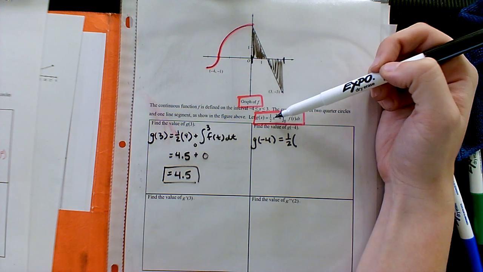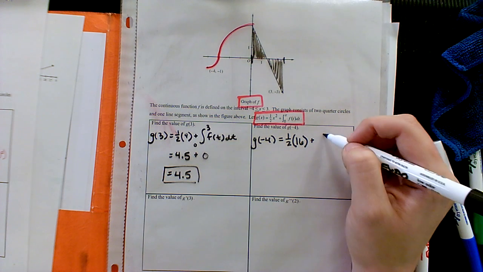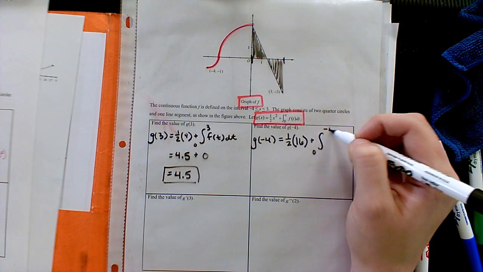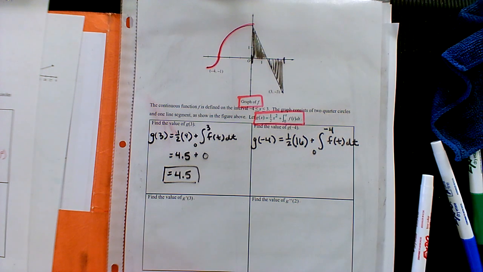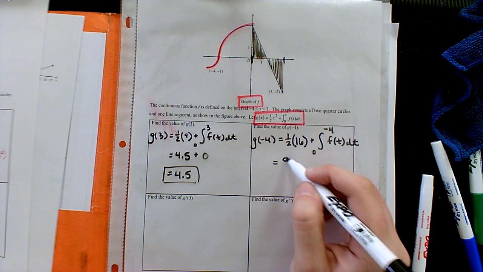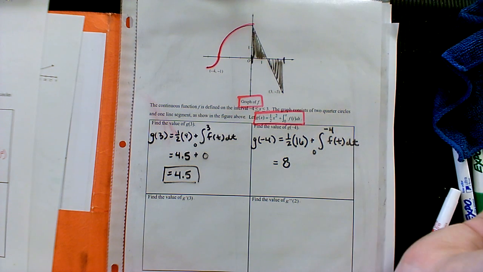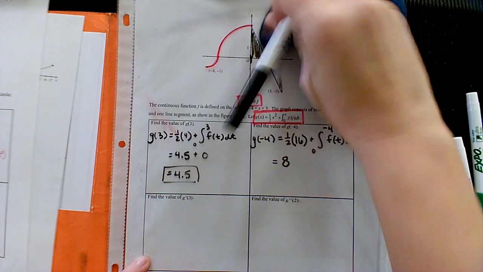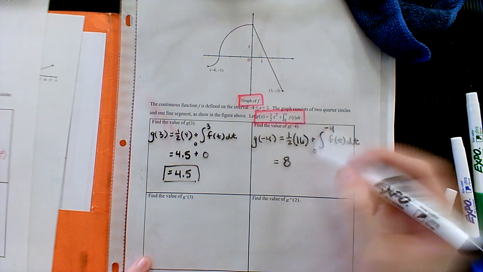So if I plug in -4 for x, -4 squared would be 16. And I'm going to add the integral from 0 to -4 of the f function. All right, so 1/2 of 16 would be 8. What can we do for the integral piece? We have to flip the bounds, because notice how the lower bound is bigger than the upper bound.